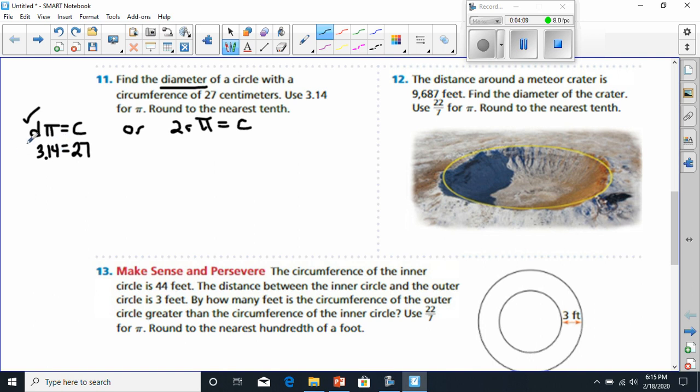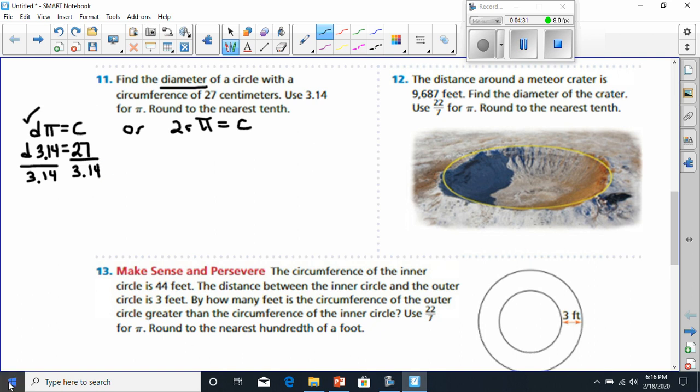Now we have the diameter times 3.14 equals 27. How do we do this? Just like if we had a number times a letter, we divide the number away. So we divide 3.14 away, and whatever I divide from one side, I divide from the other.